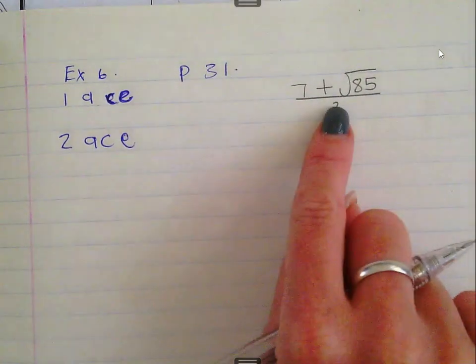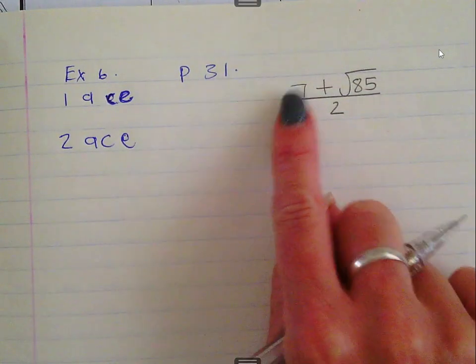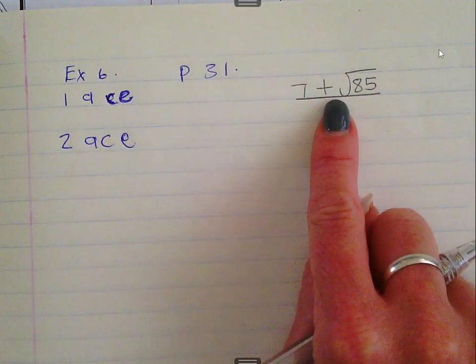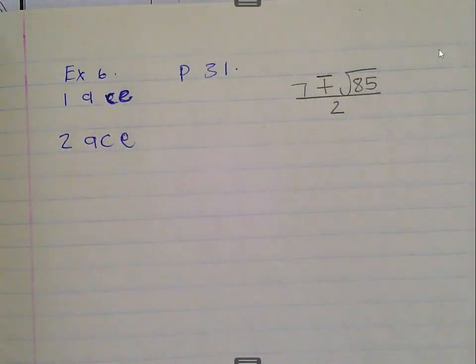When you give it in surd form, you are also welcome to write one answer as 7 plus root 85 over 2, and the other as 7 minus root 85 over 2. Or you can write it as 7 plus minus root 85 over 2. Then you have given both answers. But that you can only do with surd form. Decimals will be very different.